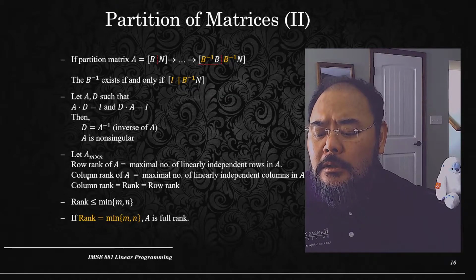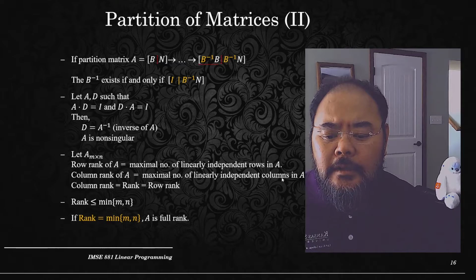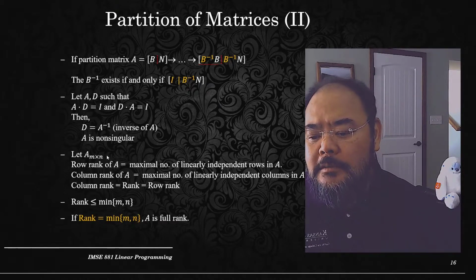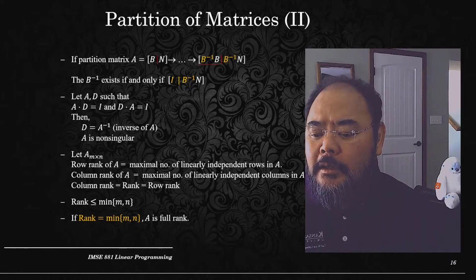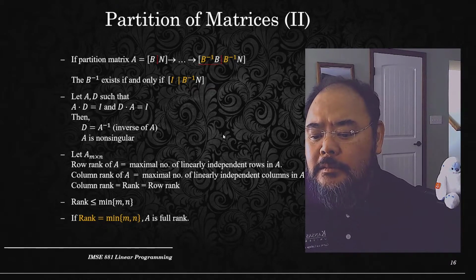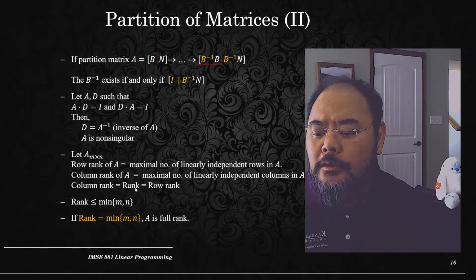The column rank of A means the maximum number of linearly independent columns in A. The number of columns in the A matrix is n, so the maximum possible number of linearly independent columns is n. The rank of the matrix A is usually defined as either the column rank or the row rank. Basically, we call it rank.